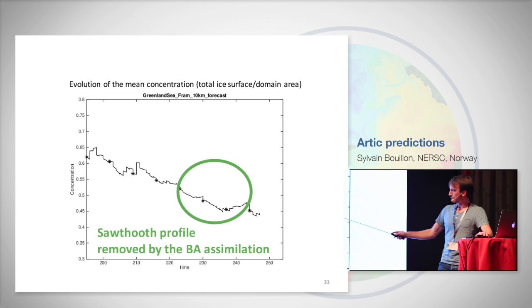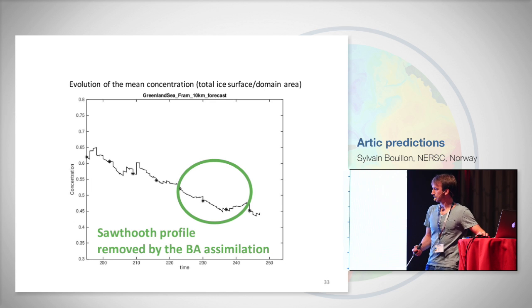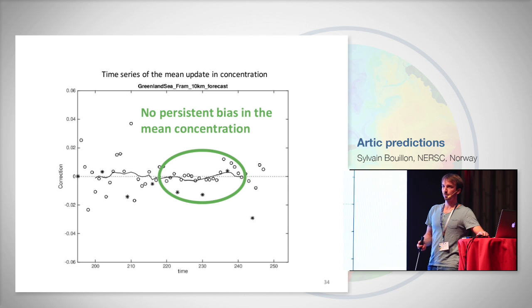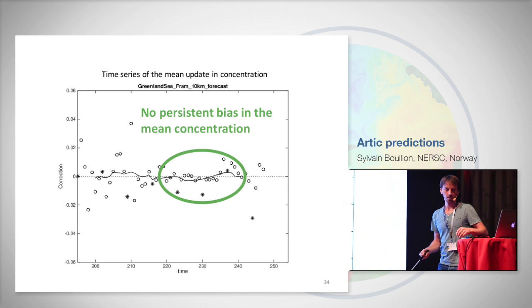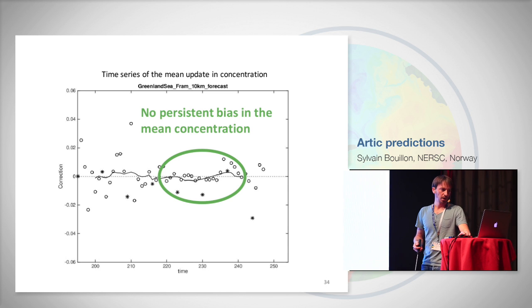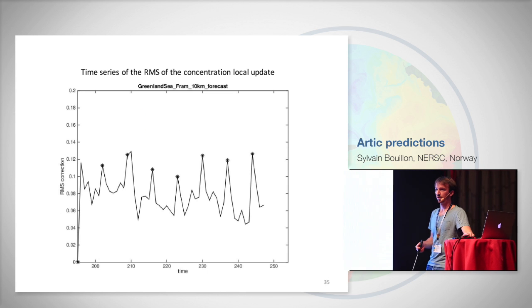So what is good is that it removes this sawtooth profile automatically. So you don't have these ugly features anymore. It also removed the bias, so the mean update is now centered around 0. And it has also a positive effect on the RMSE. So this is the RMSE before, and this is the RMSE with the bias-aware data assimilation scheme.